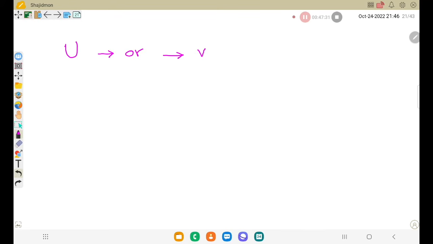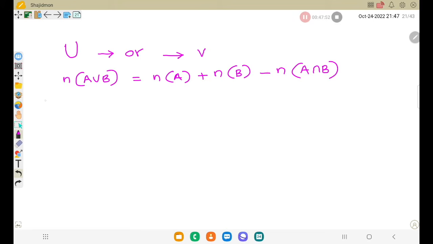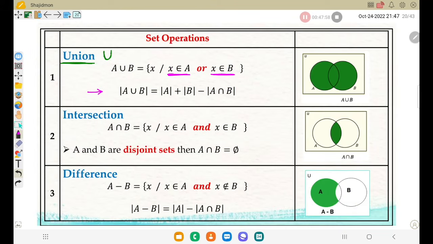You can just note like this: number of elements of A union B equals number of elements of A plus number of elements of B minus number of elements of A intersection B, okay. So this is the relation connecting the union and intersection we are discussing here.